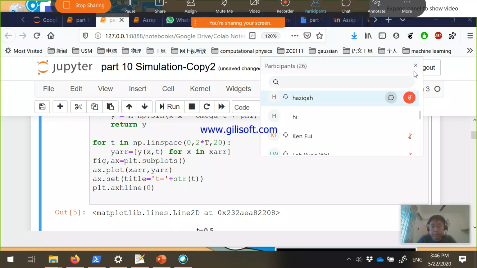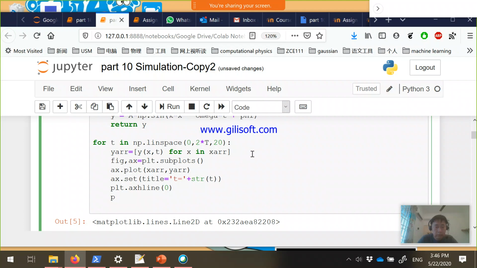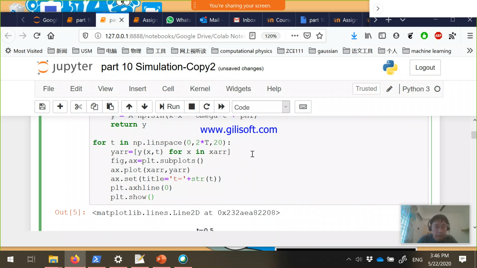I'm going to show this one by one, and then I'm going to plot plt.show. So this will be a for loop that will display the figure for different t.